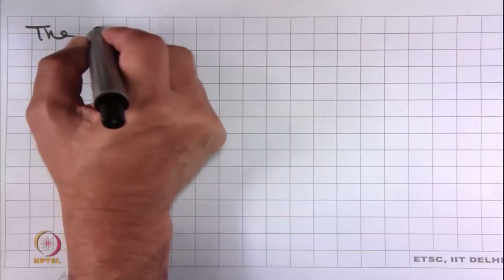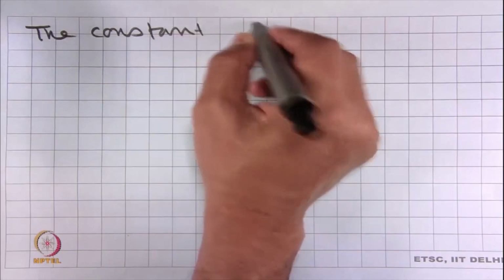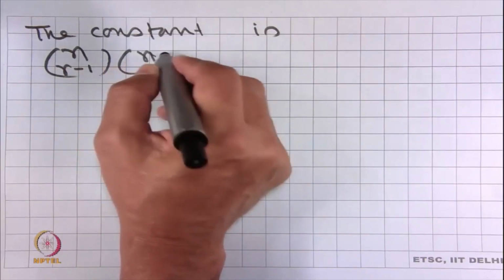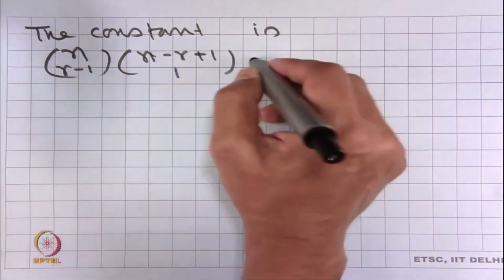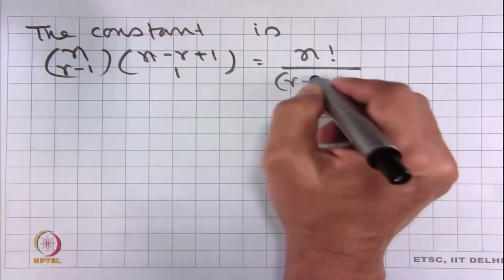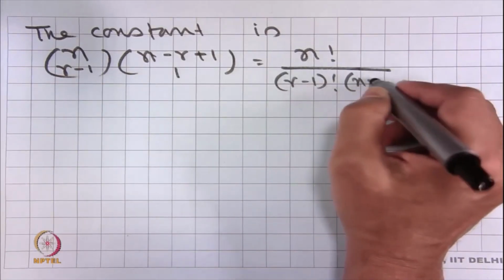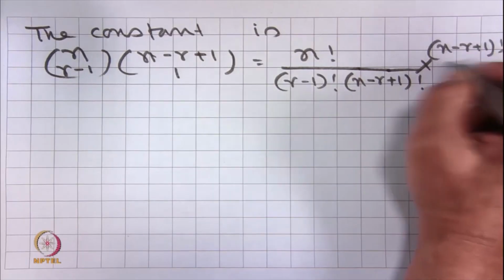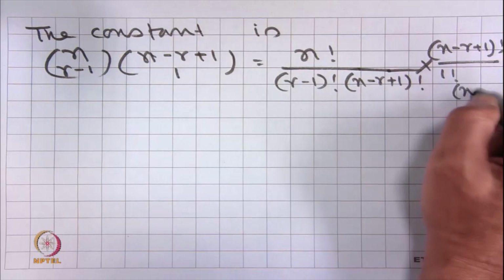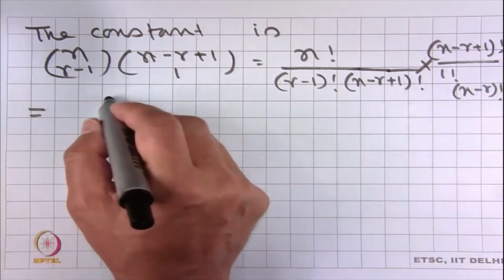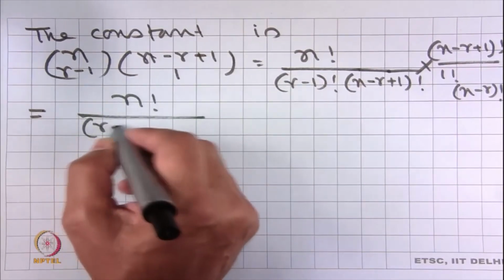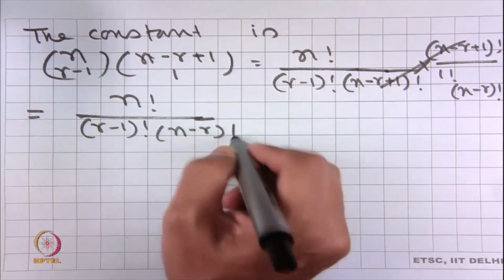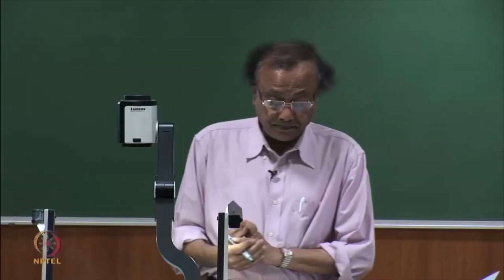The constant is nC(r-1) into (n-r+1)C1, which equals n factorial over (r-1) factorial into (n-r+1) factorial, into (n-r+1) factorial over 1 factorial into (n-r) factorial, which is n factorial upon (r-1) factorial into (n-r) factorial. So, this is the constant term.